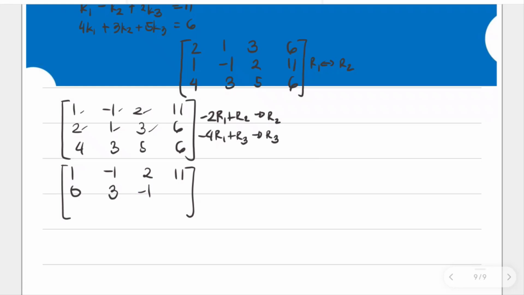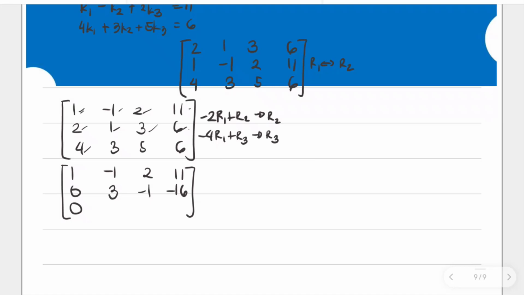And -2 times 11 is -22, plus 6 is -16. That's correct. For our third row, -4 times 1 is -4, plus 4 is 0. Now we have zeros below our leading one.